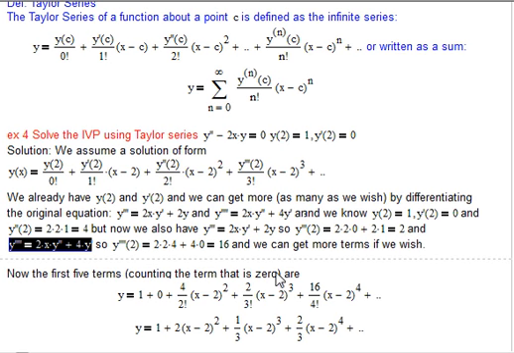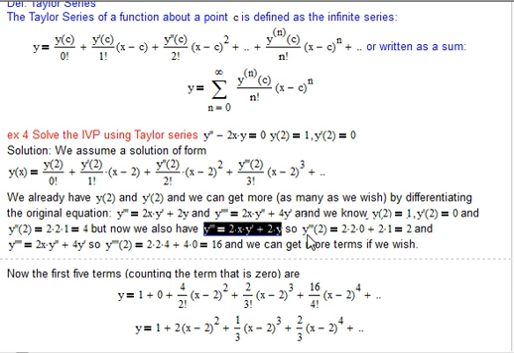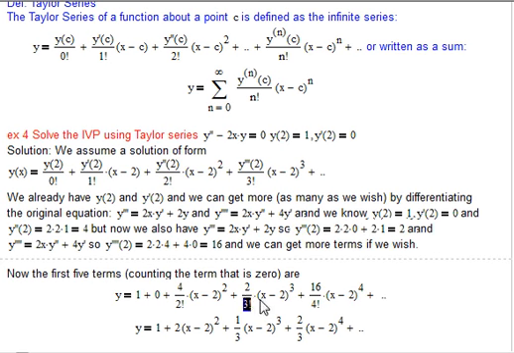So anyway, the first 5 terms, counting the term that's 0: 1, recall that's from this, plus 0, that's from this, plus 4 over 2 factorial, recall that's our y double prime, times x minus 2 squared, plus y triple prime, which is 2, see, it's right in here, over 3 factorial times x minus 2 cubed, plus the fourth derivative, which is 16, over 4 factorial times x minus 2 to the fourth.